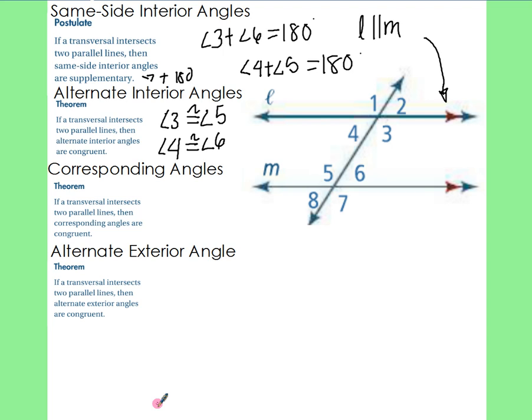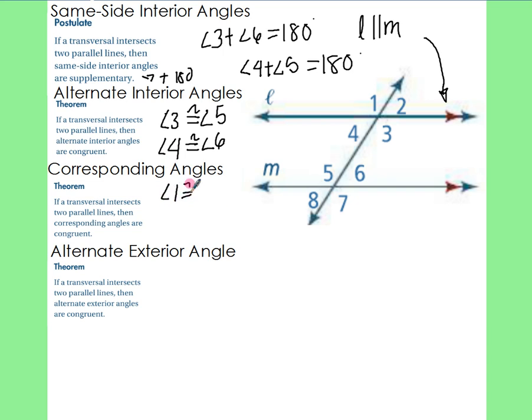Next is corresponding angles. And so that is a theorem. And it says if a transversal intersects two parallel lines, then corresponding angles are congruent. Okay, so they're congruent, they're the same measure. So what's a pair of corresponding angles? 1 and 5. So 1 is congruent to angle 5.